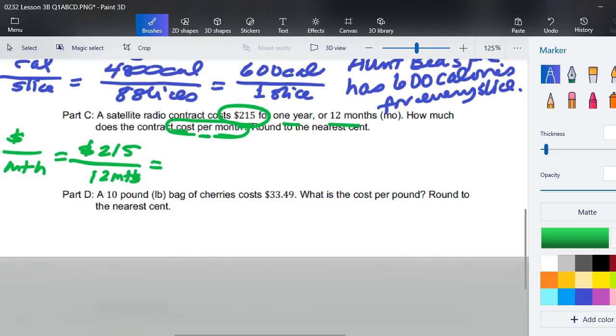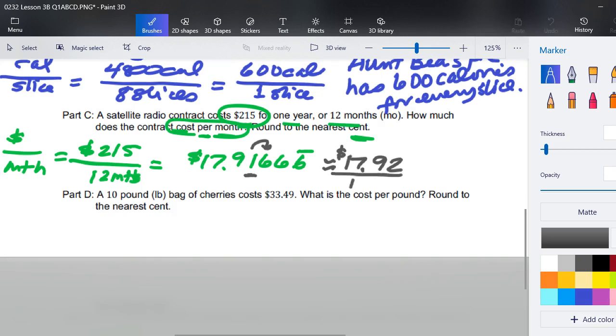But 215 divided by 12, and it says round to the nearest cent. This is what's showing up on my calculator. And to the nearest cent means I'm going to look at the hundredths, or underline, and then look to its right, which would be the thousandths, and that's going to be about $17.92 per every month.